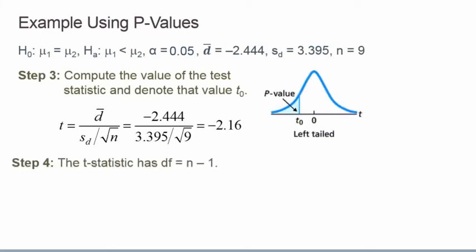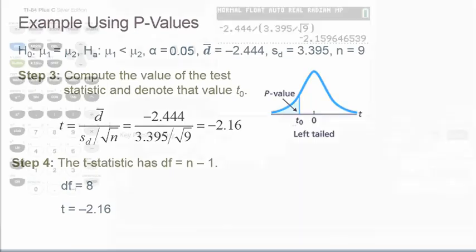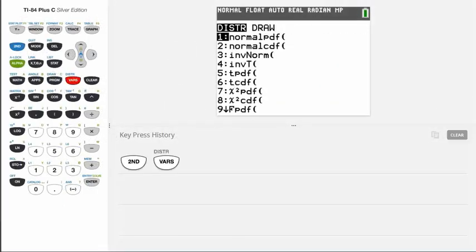Step 4. The test statistic has degrees of freedom n-1. My degrees of freedom are 8. It is a left-tailed test, so my p-value will be to the left of t equals -2.16. Going to our calculator, second, Distribution, we want T CDF, enter.